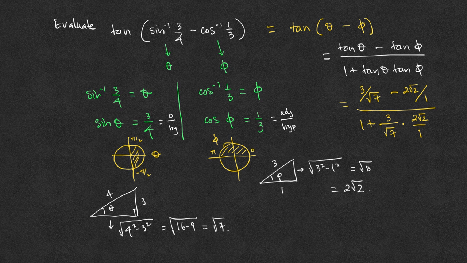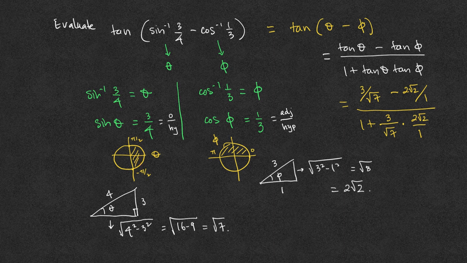But one thing we want to keep in mind is, how do we know that this is a plus square root of 7, but not the negative? After all, tangent is positive in the first quadrant and negative in the fourth quadrant.